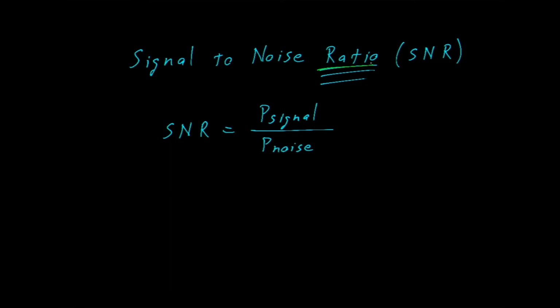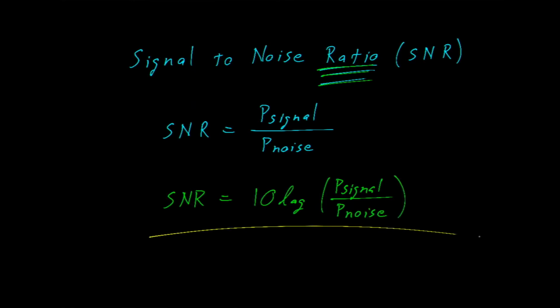And since it is a ratio, I think you know exactly where we're headed next. SNR is equal to 10 log of the power of the signal over the power of the noise.